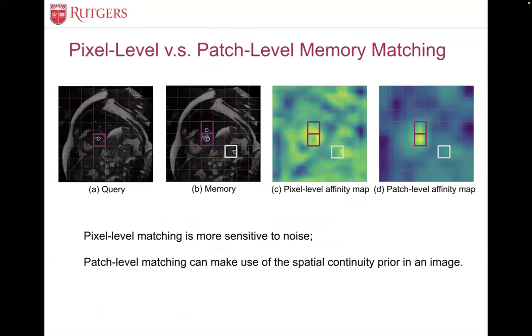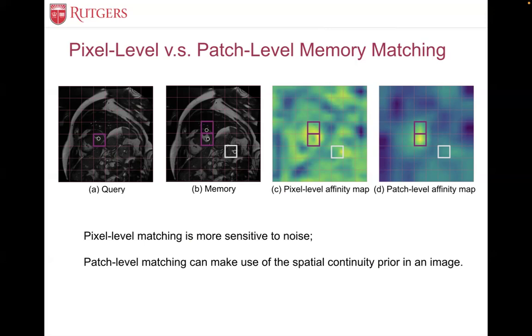In previous spatial-temporal memory networks, we perform the query memory matching at the pixel level. However, in a CMR image, some pixels in the background are very similar to the foreground, and this can make the query memory matching inaccurate.